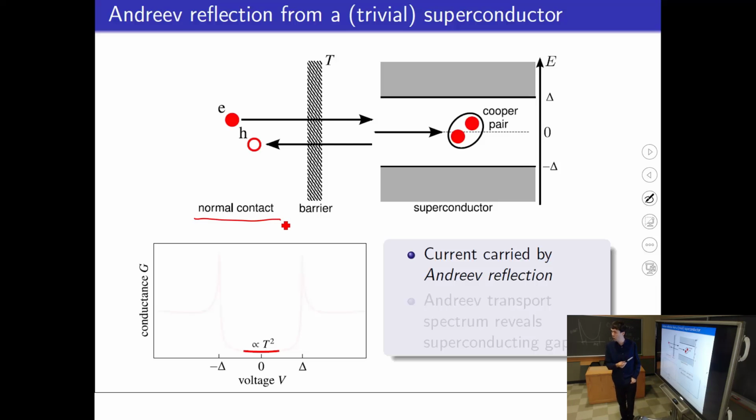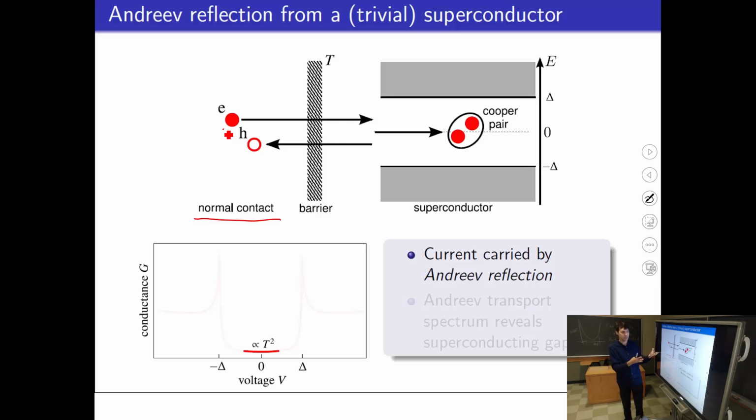The way this goes is, let's say an electron comes in, an electron sees this gap. What is the meaning of this gap for an electron? It means there cannot be any electrons inside the gap. Electrons can only live above the gap. And inside the gap, only Cooper pairs are allowed. So paired states, the bosons, the paired electron states.